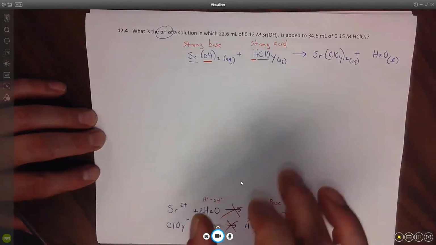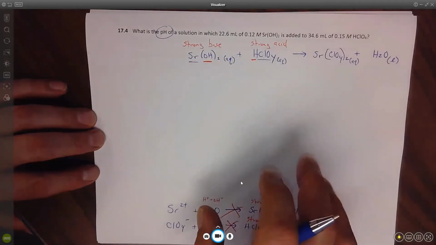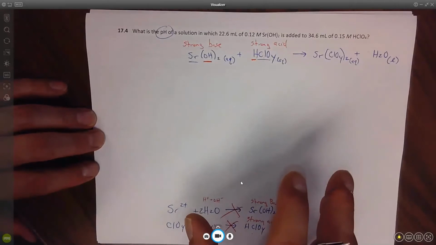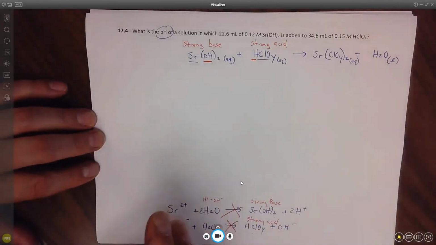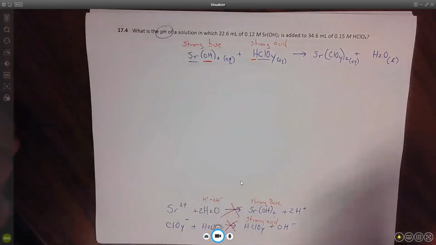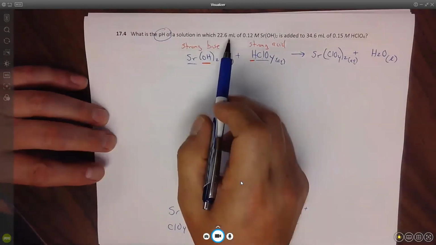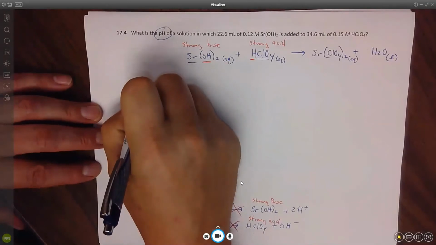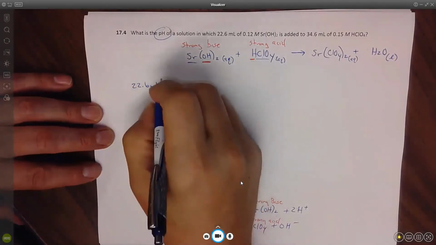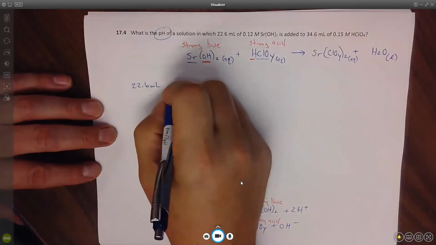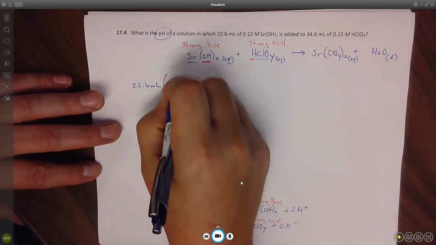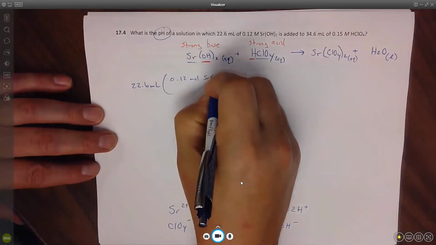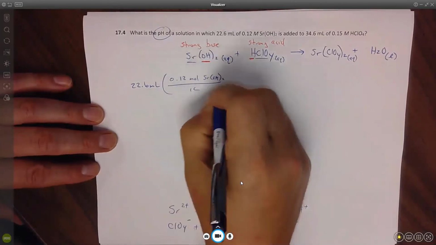Then what's going to determine our pH is going to be the excess reagent. So let's start with the strontium hydroxide. I have 22.6 milliliters of my strontium hydroxide, which is 0.12 moles of strontium hydroxide per liter.